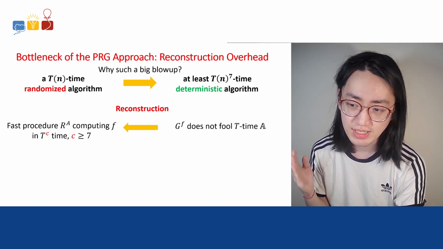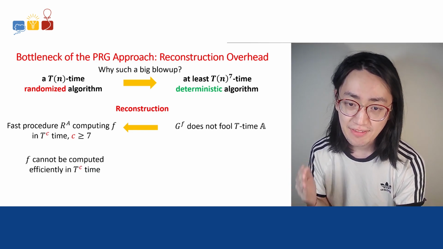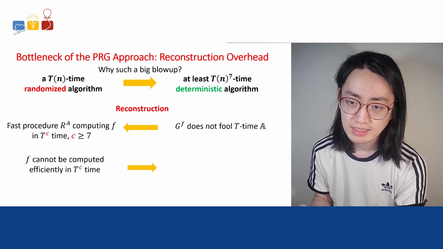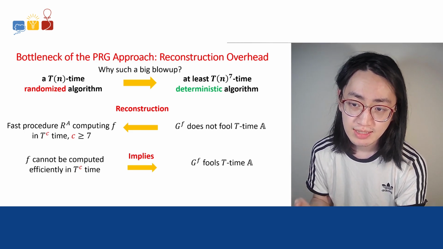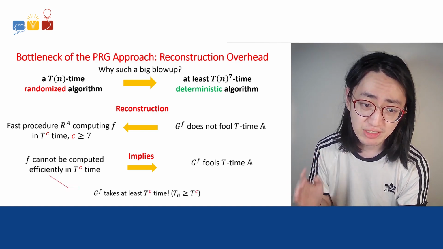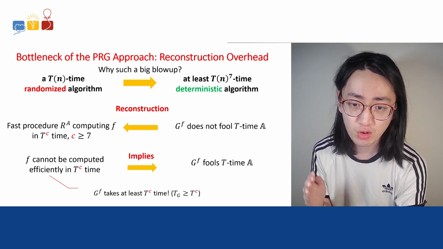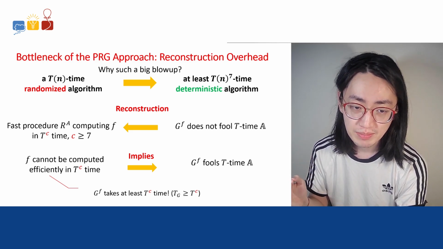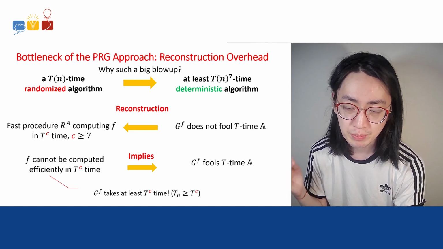So take the contrapositive. This would imply that, as discussed before, if f cannot be computed efficiently in t^c time, then g^f fools t-time algorithms A. But the catch here is that because we need to assume f is hard at least for t^c time algorithms, this means that g^f, which is based on f, also takes at least t^c time to compute.